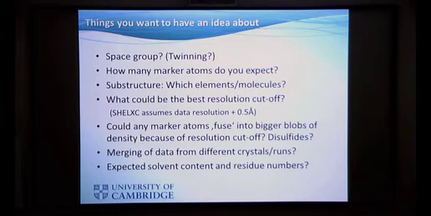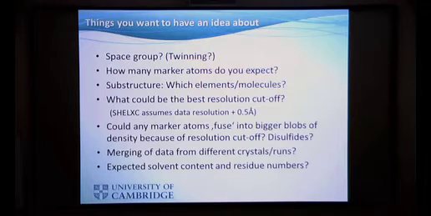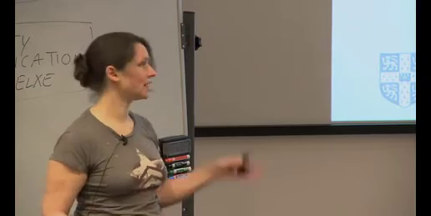Disulfides, chloride ions, tantalum bromide clusters? What could be the best resolution cutoff? SHELXC automatically assumes 0.5 more than your actual resolution. So if the resolution is 2.2 angstrom, SHELXC will automatically assume 2.7 angstrom.